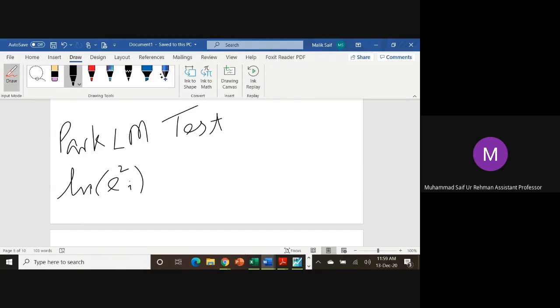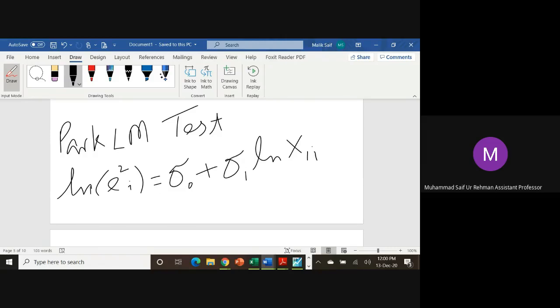So ln mu i hat square, or ei square, is equal to sigma naught. Now the right hand side is slightly different from the previous case. Ln x1i. So you just have ln with xi.